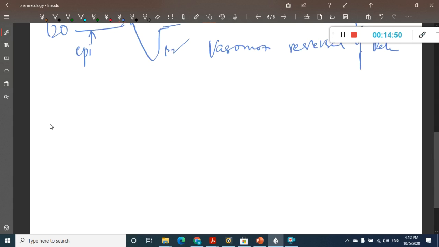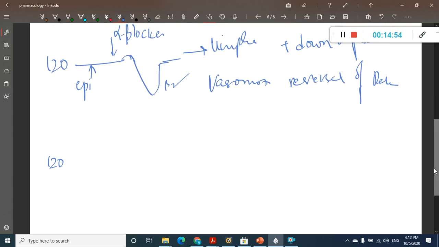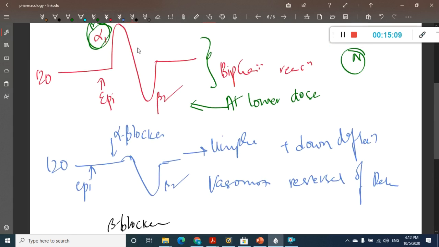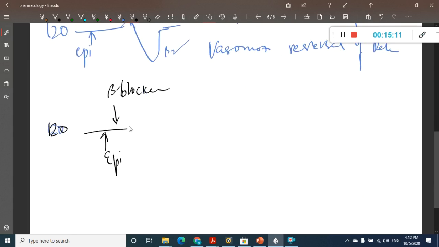This is vasomotor reversal of Dale if you give an alpha blocker. Now imagine that this is the normal BP, and you have given epinephrine, but you have given a beta blocker instead of an alpha blocker. Then how will the curve be? There is beta blockage, so alpha action will occur, and there is no beta action.